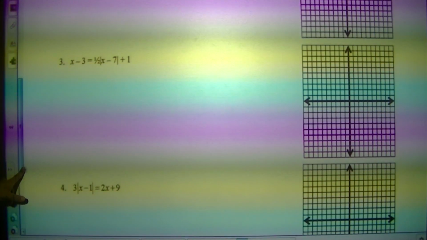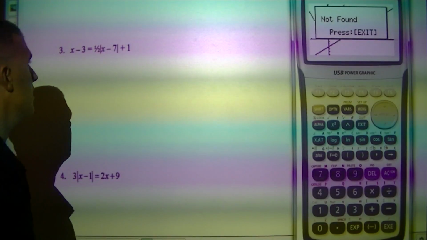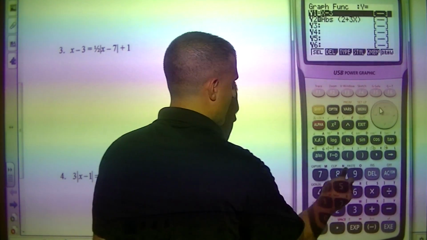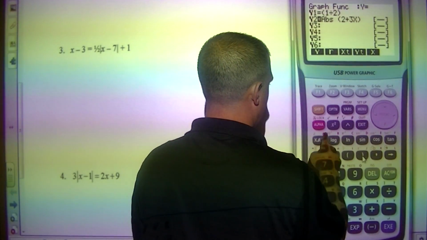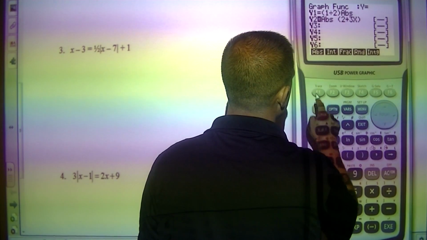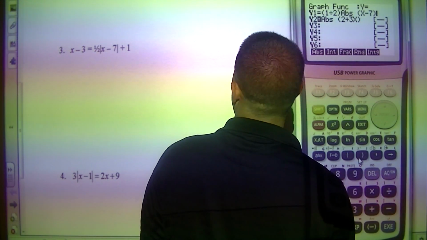Once again, I'm going to go ahead and graph this one. I'm going to graph the right side first. So I'm going to put the fraction 1 divided by 2, then ABS, so option num, ABS, x minus 7, plus 1.